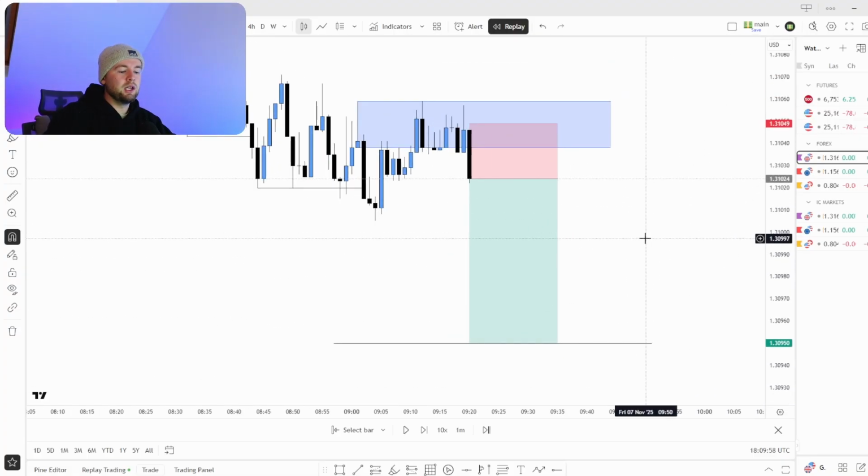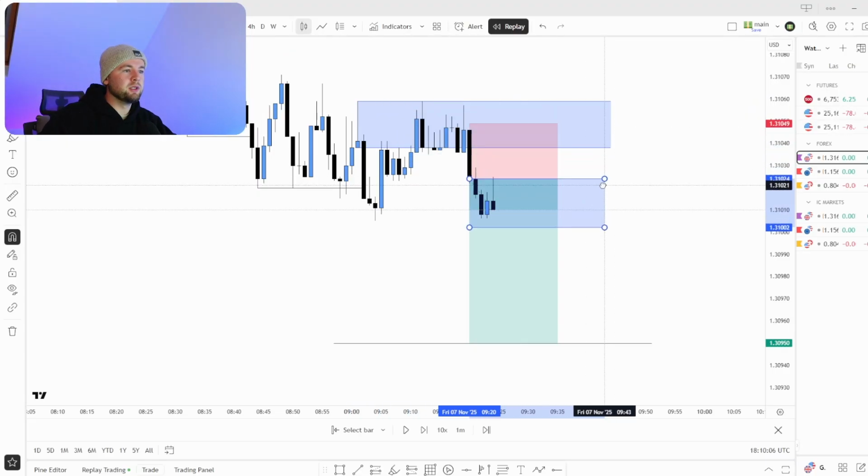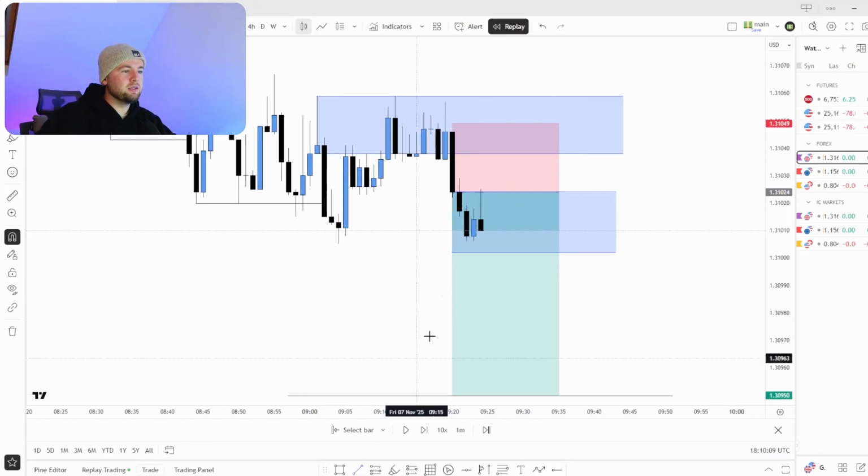All right, and if you play price on, so I'll get that back up for you. So if you get this measurement here from there to there, and place it from there to there, ideally you want to be going break even when price comes down to here, in my opinion, as that is a good enough push.